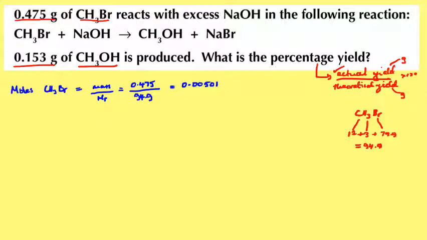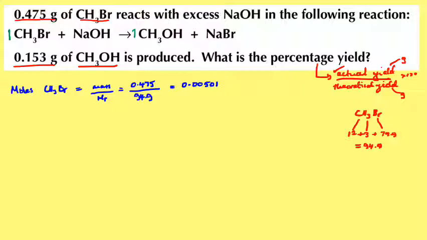Now we look at the balanced equation. For every 1 mole of bromomethane that we use, we get 1 mole of methanol. So if we're starting with 0.00501 moles of bromomethane, you will get the same number of moles of methanol.